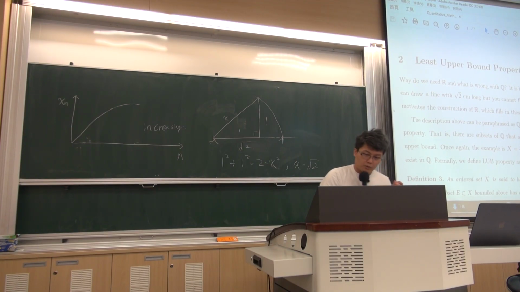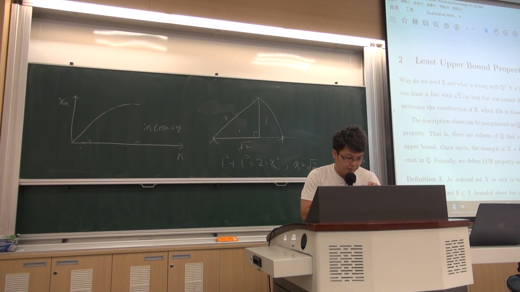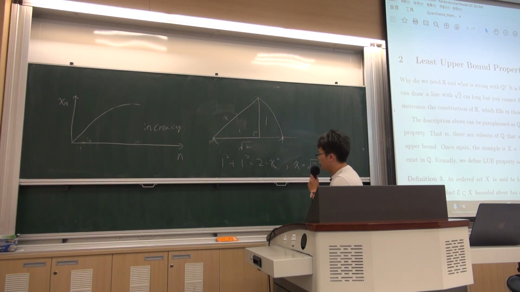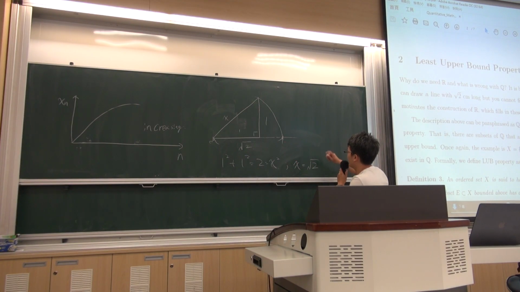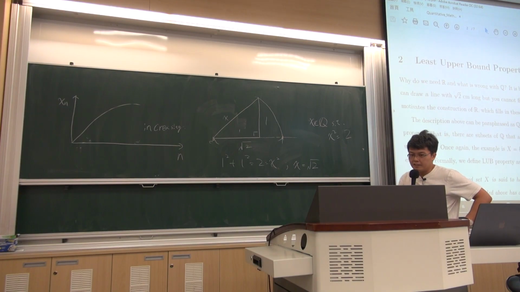What else do I want to cover here? Yeah, so if you think of this question, whether we can find an x in the rational numbers such that x squared equals 2, you'll find it is impossible.